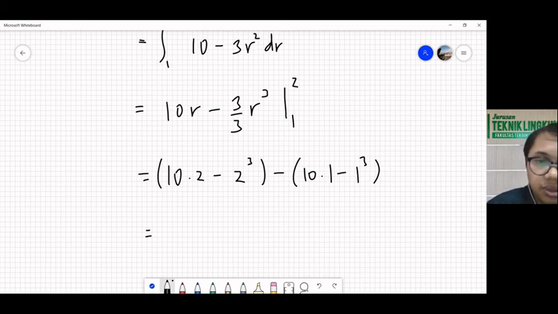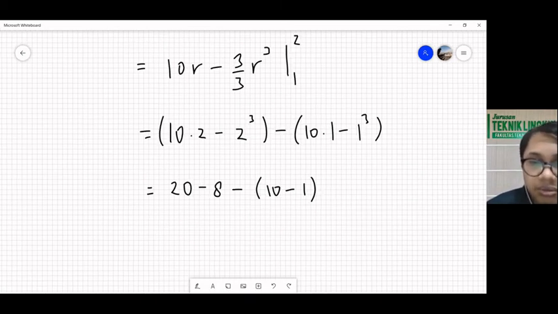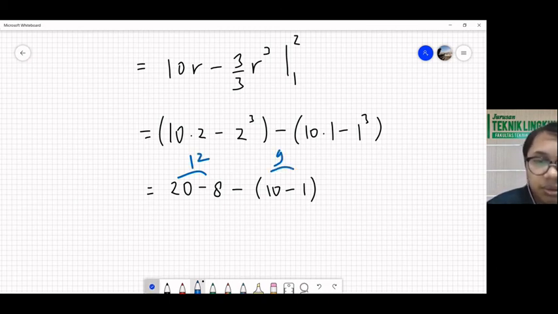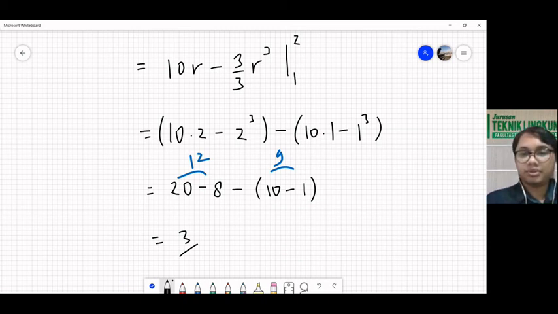Then here's the 20 and minus 8 and minus 1. So this one 12, this one 9. 12 minus 9 is 3. Yeah, the solution for this integral.